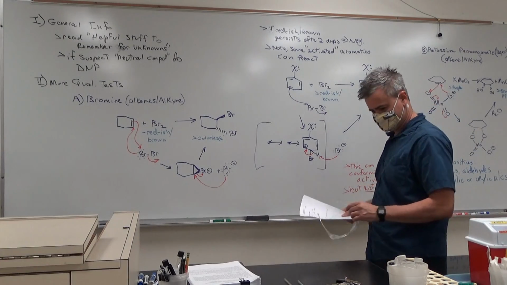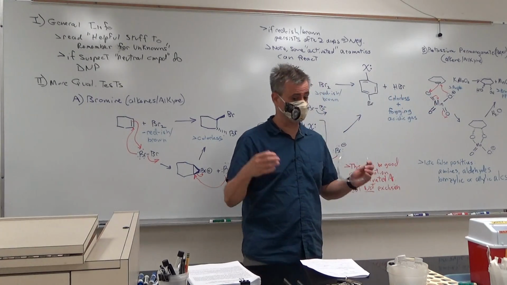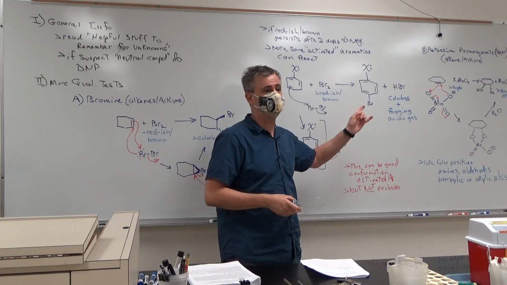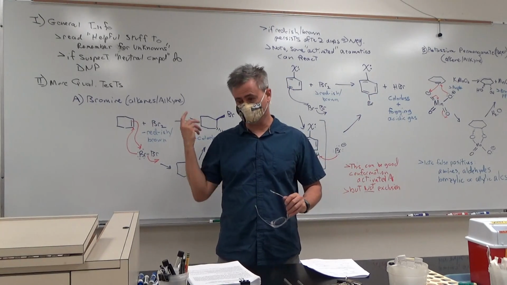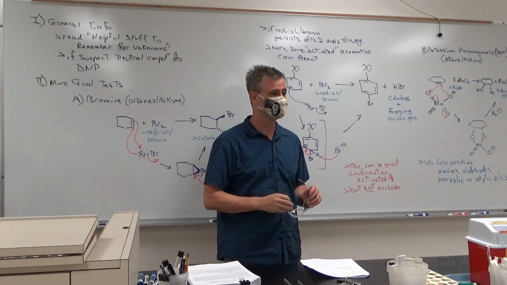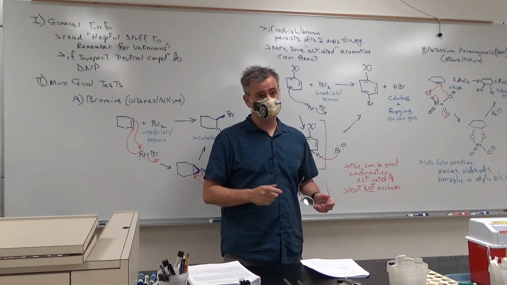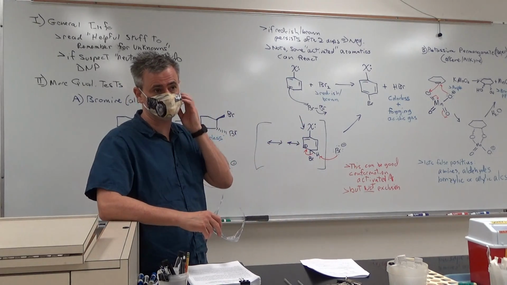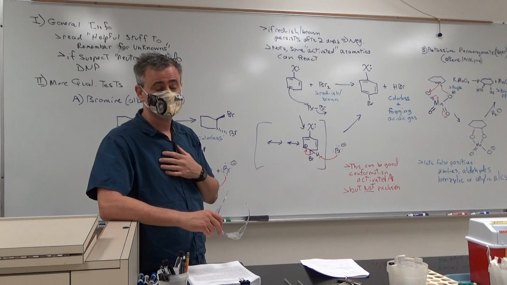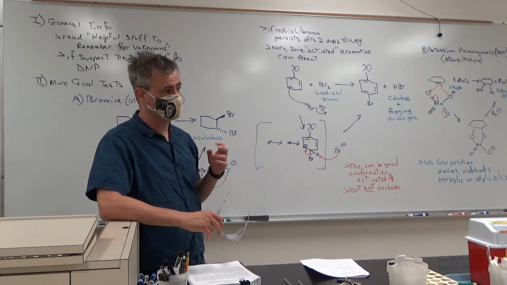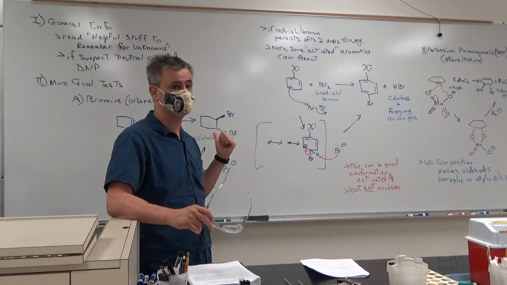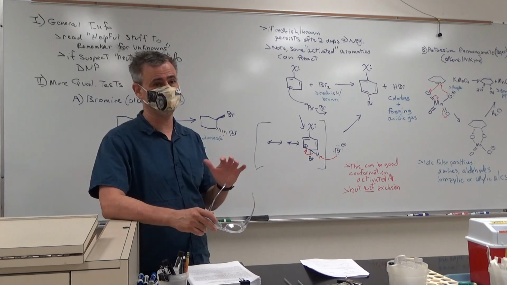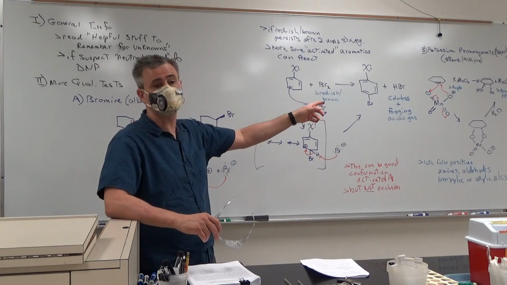Okay? So, if we were going to get rid of one of these tests, because of all those false positives, we'd probably get rid of that one. Because probably the bromine test is a little more reliable. But one nice thing is that it may not react with an activated aromatic compound, depends on what the activating group is. So, if the reason why your bromine test is positive is because it's an activated aromatic, not an alkene, then you should get a negative test with that.